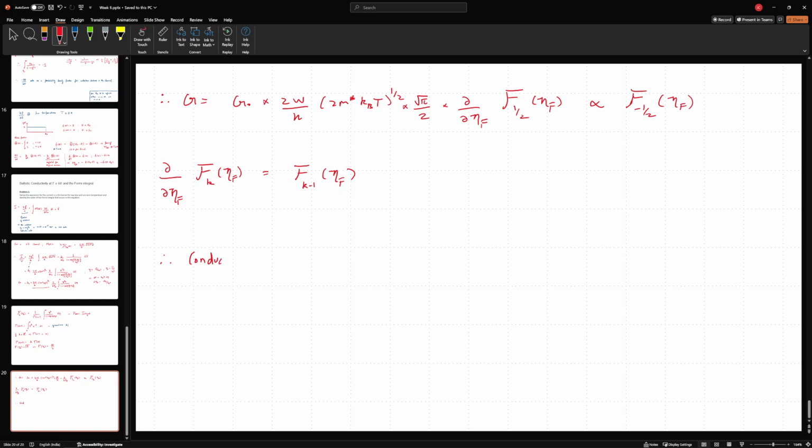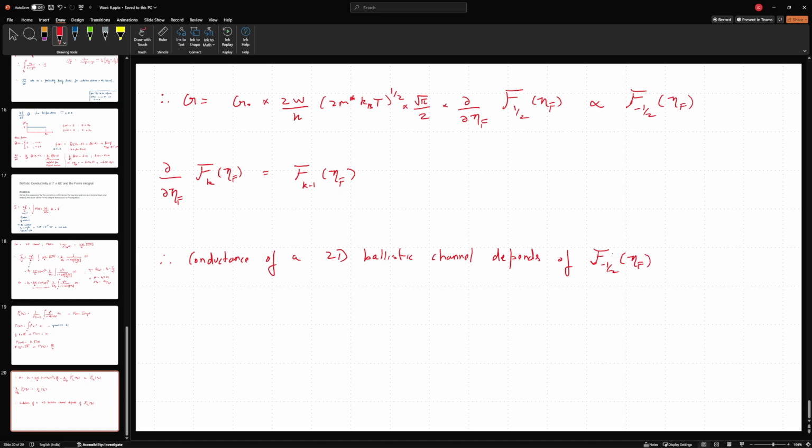Conductance of a 2D ballistic channel depends on f minus half of eta f.